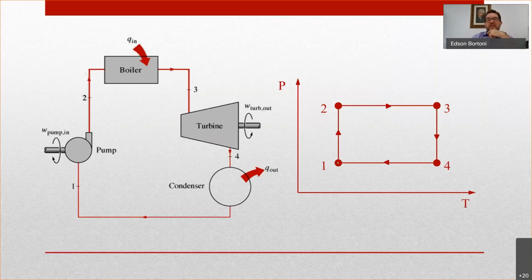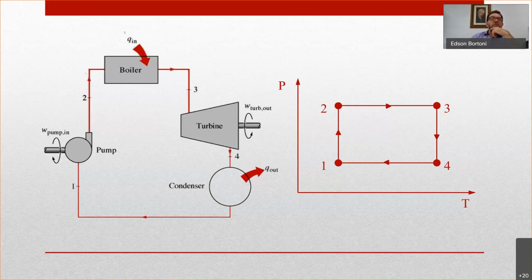So you give pressure to the water. You pass the water through a pump, so it goes to point two. The temperature is almost the same, but the pressure increases a lot because we have a pump.